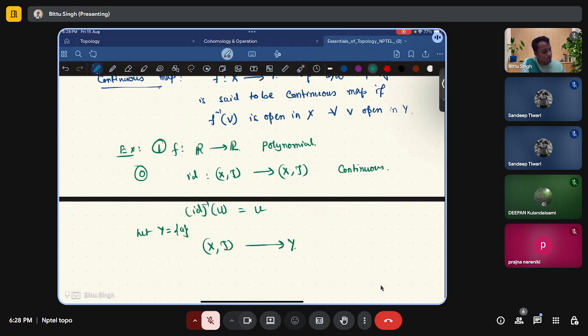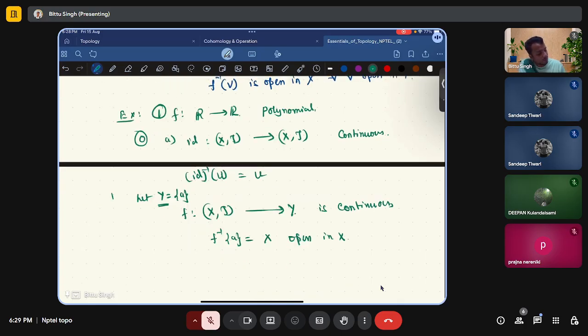With respect to this topology, the map is always continuous. Because what is the preimage here? Everything goes to the singleton set. Therefore, f inverse of this singleton, which is open in Y, is always X, the whole space, which is always open in X, or open in tau, whatever you say. So those are a few examples.